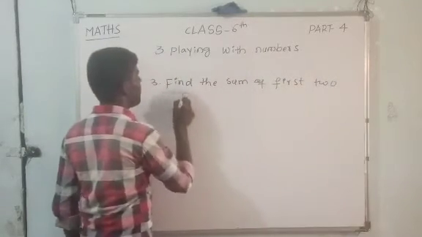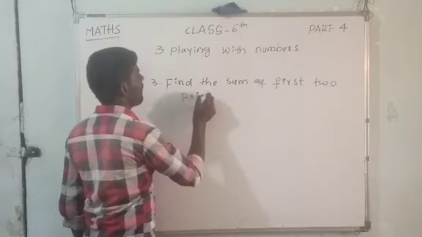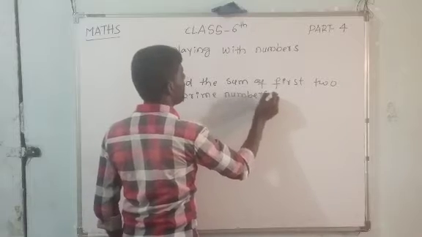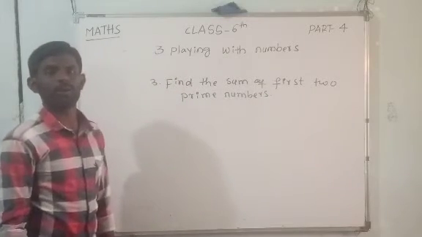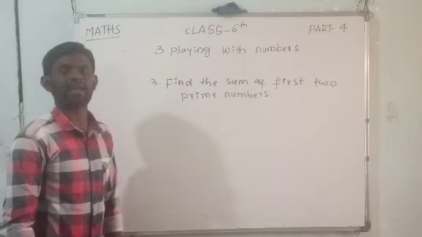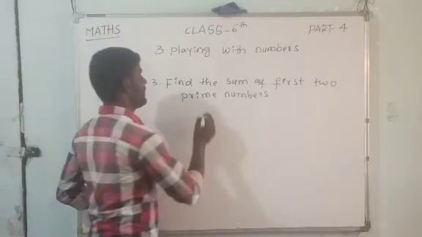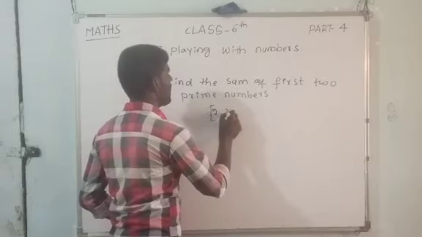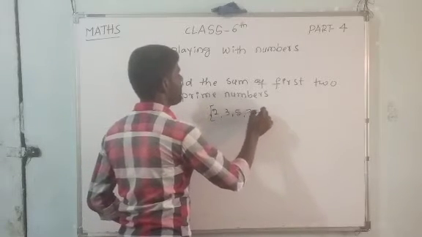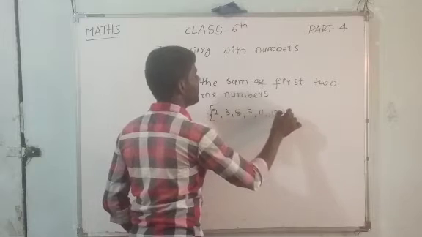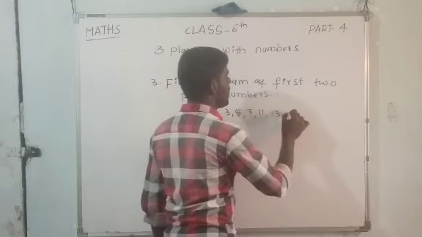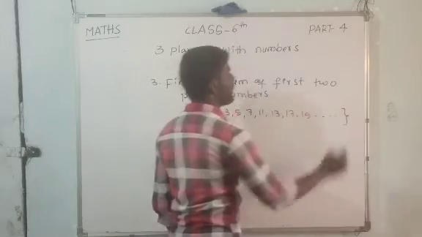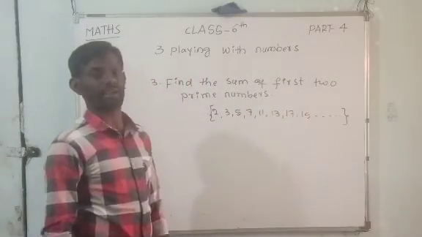First two prime numbers. We know that the prime number set begins with 2, 3, 5, 7, 11, 13, then 17, then 19, continuously it will go on until infinity.